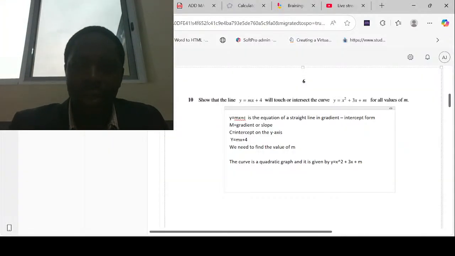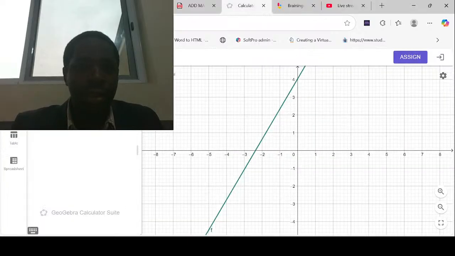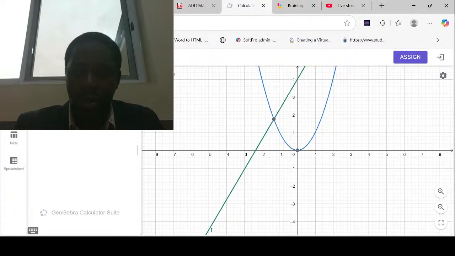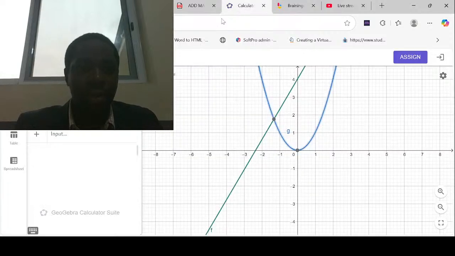Next, we need to plot the equation of the curve, which is now a quadratic graph. So let's go and plot that. I'm going to type in y equals x squared plus 3x plus m.